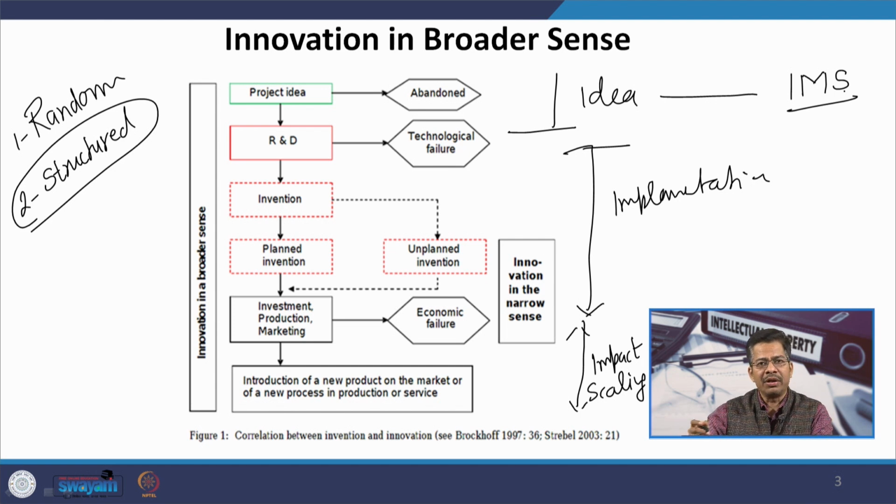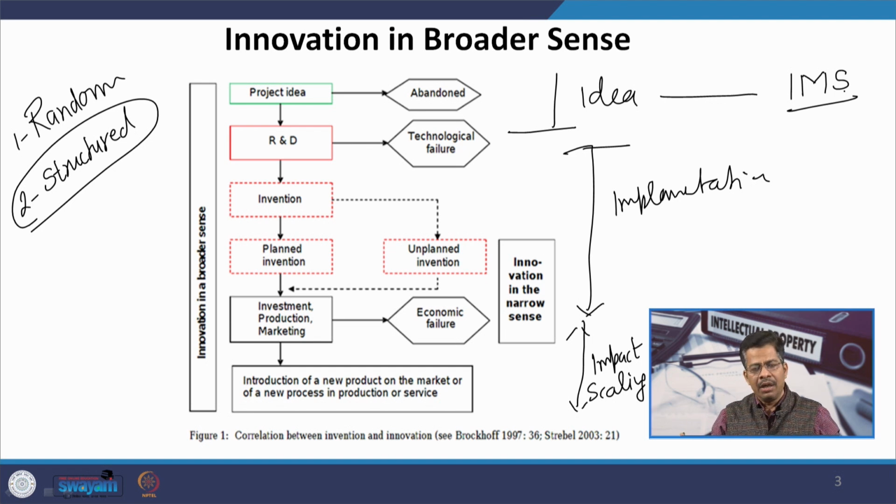Then what type of support I am providing for implementing those ideas, whether I am giving them some monetary support, some space, some leave, all these are the part of implementation of the idea.